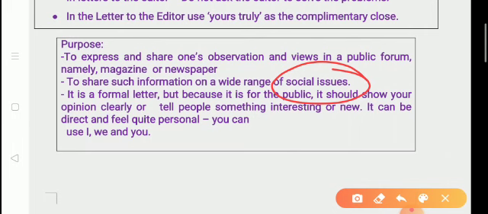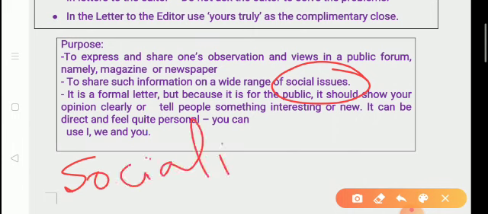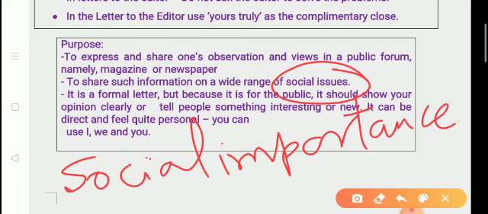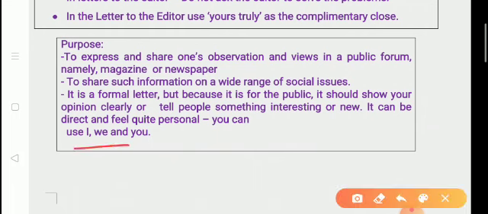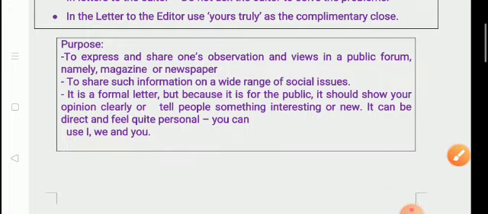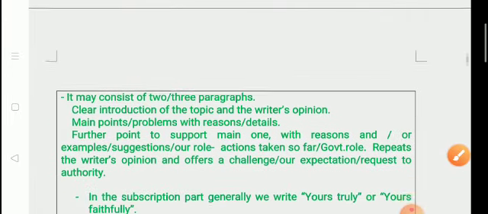Since it is a formal letter for the public, it should show your opinion clearly or tell people something interesting or new. Sometimes you can be direct and feel quite personal, and you can use I, we and you. I will show you in the letters how we use all these things.